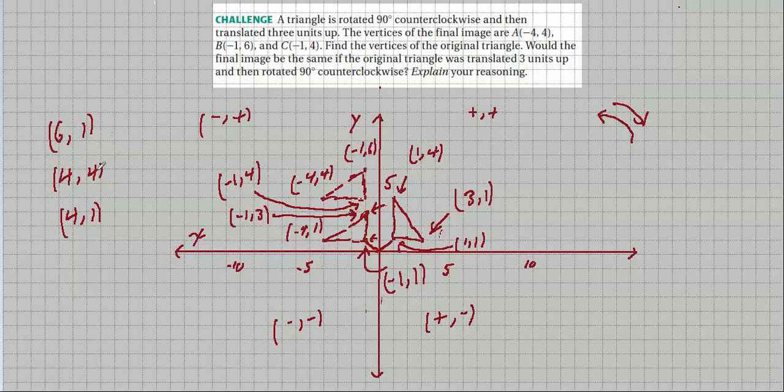Not even close, really. When we drop down 3, this will become 6, minus 2. This will be 4, 1. And this will be 4, minus 2.